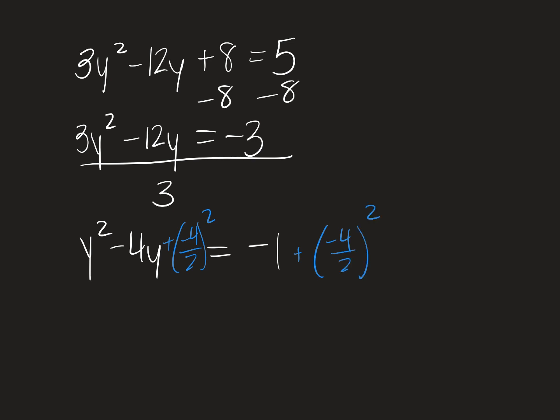So on the left side, that shortcut, so it's y. Bring down a y. Negative 4 divided by 2 is what? Negative 2. So y minus 2 in parentheses, squared. So that's what you get on the left.